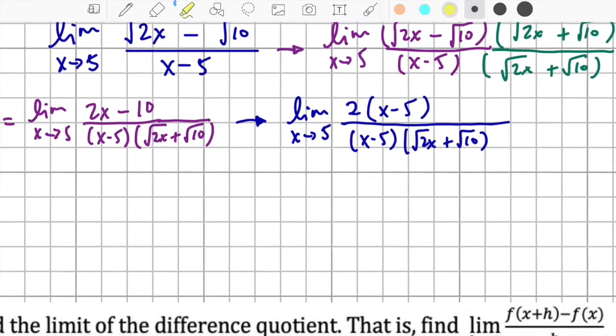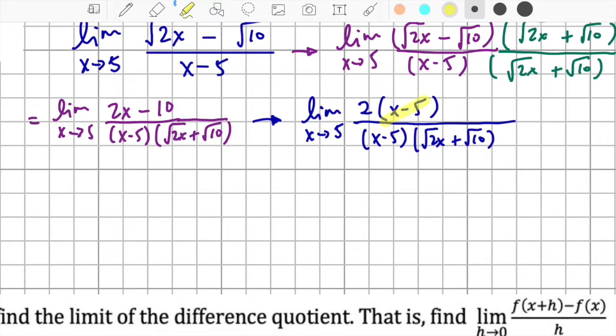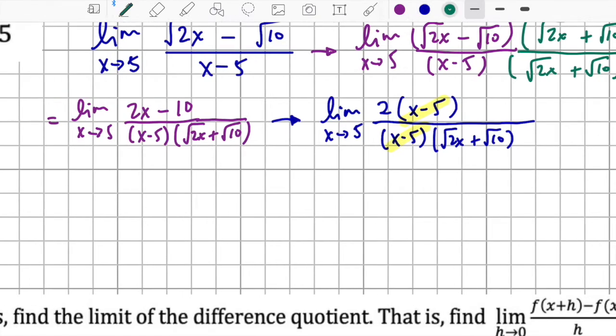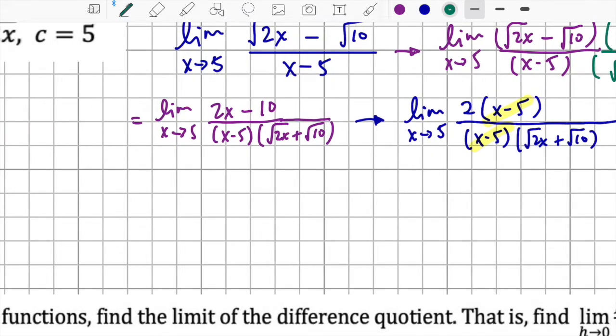Okay, so now I am able to cancel the x minus 5 over x minus 5. That leaves me with limit as x approaches 5. Now in the numerator we're going to end up with just a 2, and in the denominator we end up with square root of 2x plus the square root of 10.